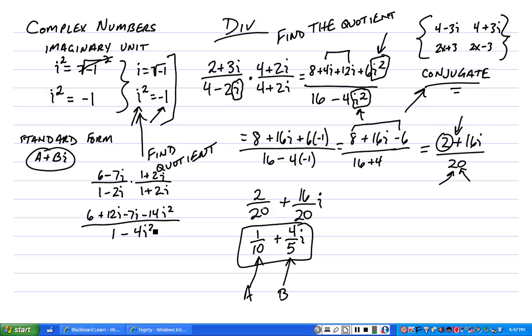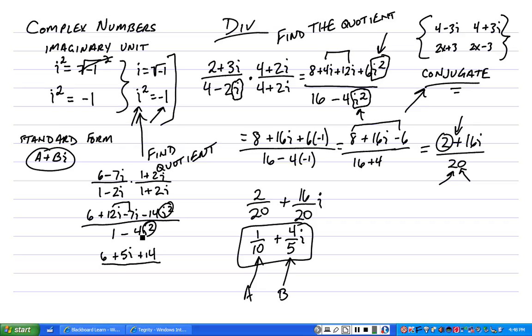So simplifying, I have my i squares that become negative 1s. Like terms here and here. So what I have now is 6 plus 12 minus 7 is a positive 5i, and a negative 1 times a negative 14 is a positive 14 over, this is a negative 1.